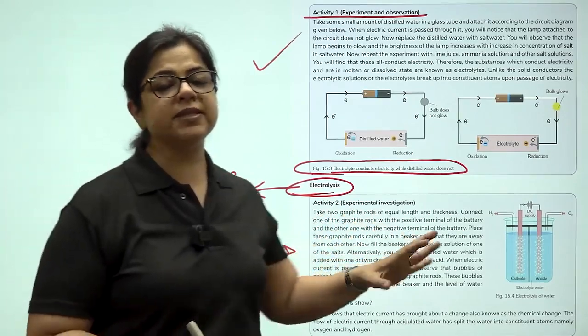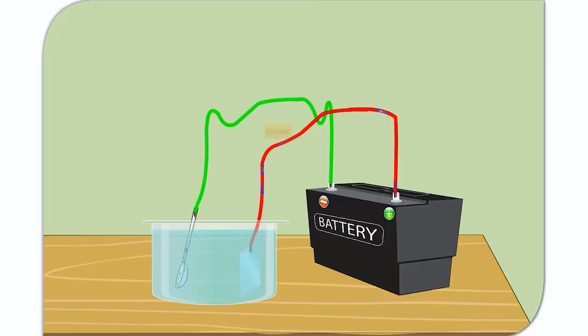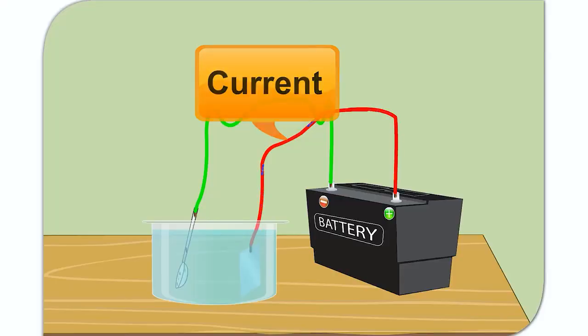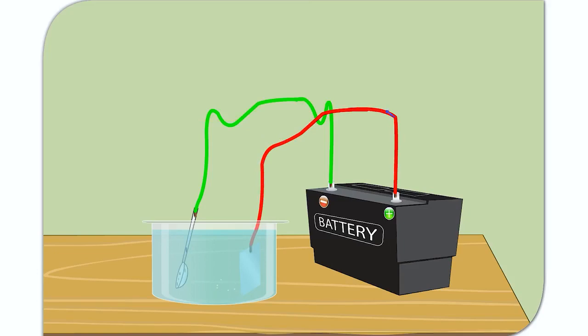Now how does this happen? Let us watch together. When an electric current is passed through an electrolyte, chemical reactions take place. This is called the chemical effect of current. An electrolyte is a compound whose molecules ionize into positive and negative ions in a solution.